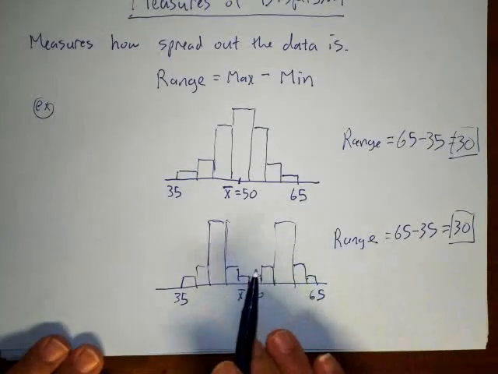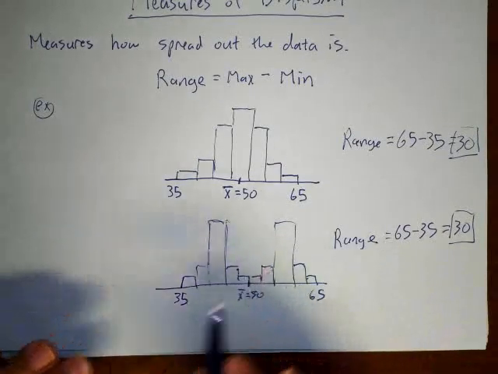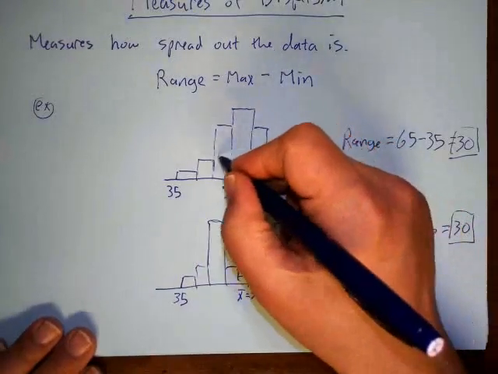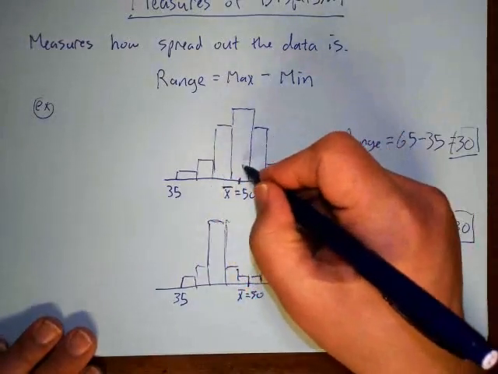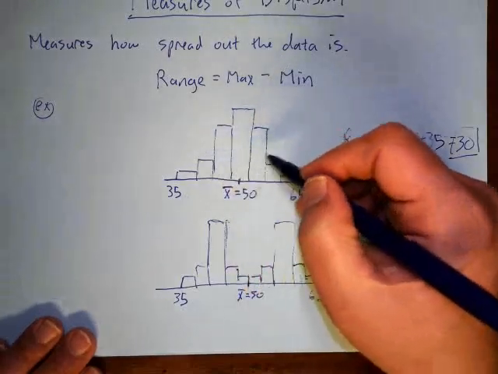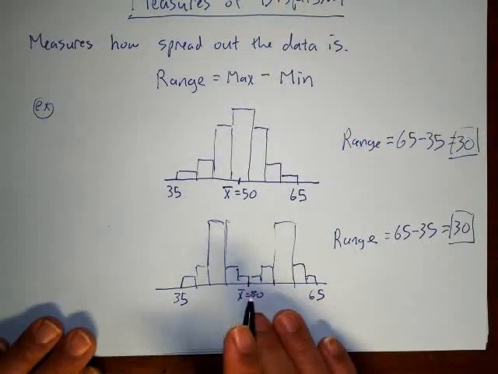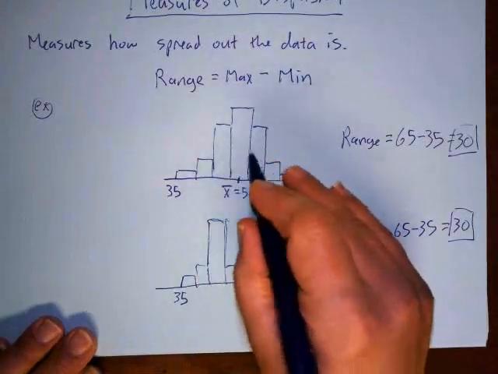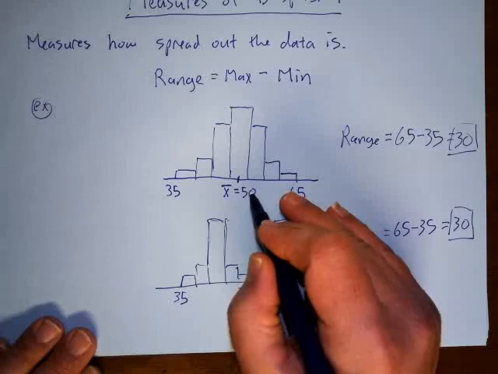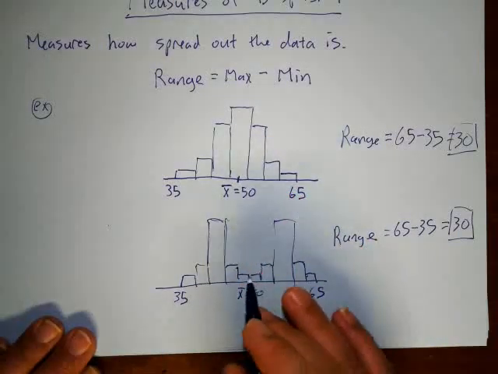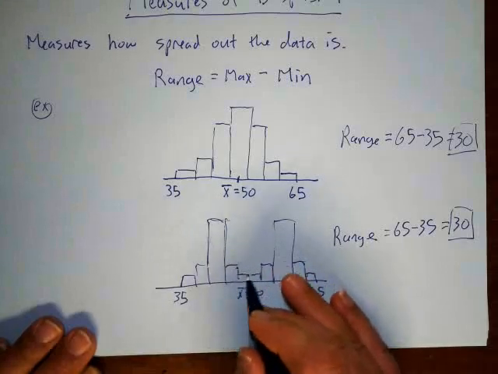In fact, if we think of how spread out the data is as how far the different values are from the mean, which is kind of your average value, well, how far are the different values from the mean? If you look at this data set, a lot of the data is really close to the mean. In this data set here, there's almost no data close to the mean.